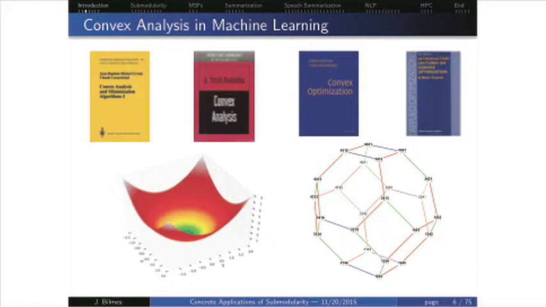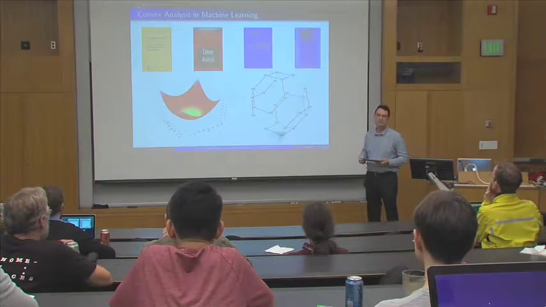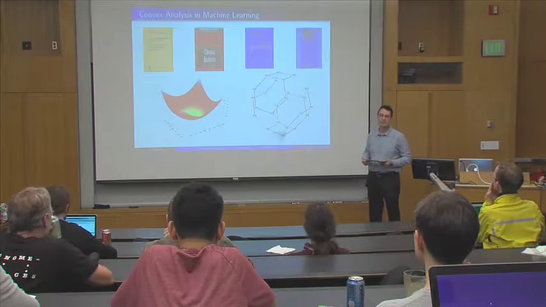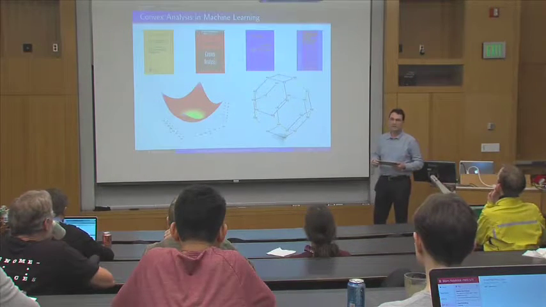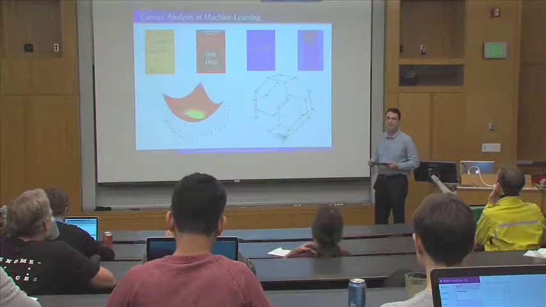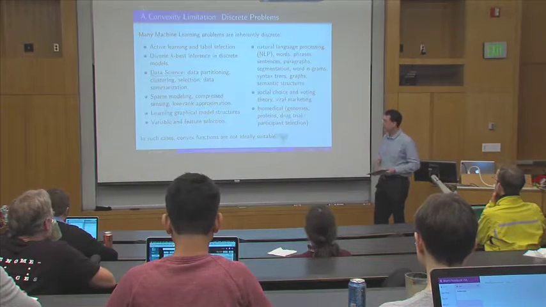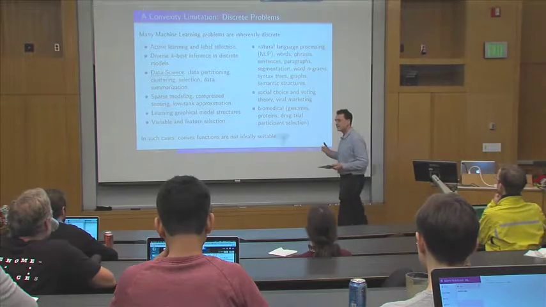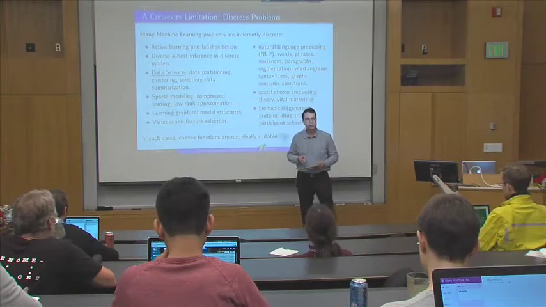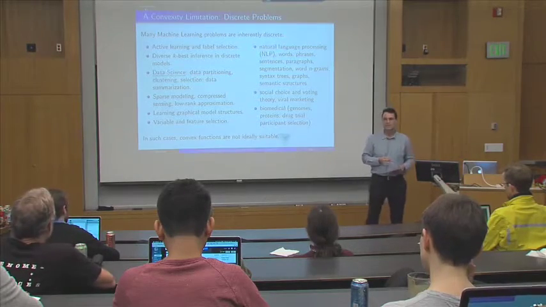Of course, the first one that probably comes to most of your minds is convexity. Convexity is an area of mathematics, convex optimization and convex functions, that has been studied for a long time. There are many books written about convexity and many applications of convexity and convex analysis in machine learning and artificial intelligence. But convexity has some limitations, in that it isn't immediately, naturally applicable to a lot of problems that you find in machine learning and artificial intelligence.